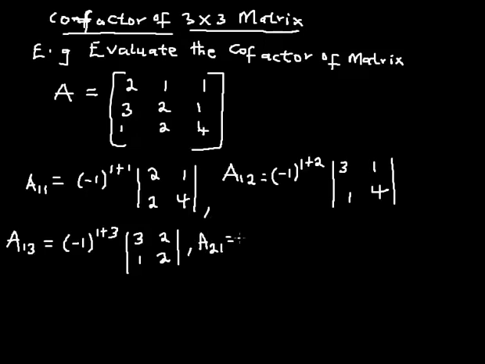This is going to be minus 1 raised to 2 plus 1, multiplied by each matrix, cross this, so I'm left with 1, 1, 2, 4. Okay, let's look at a22.